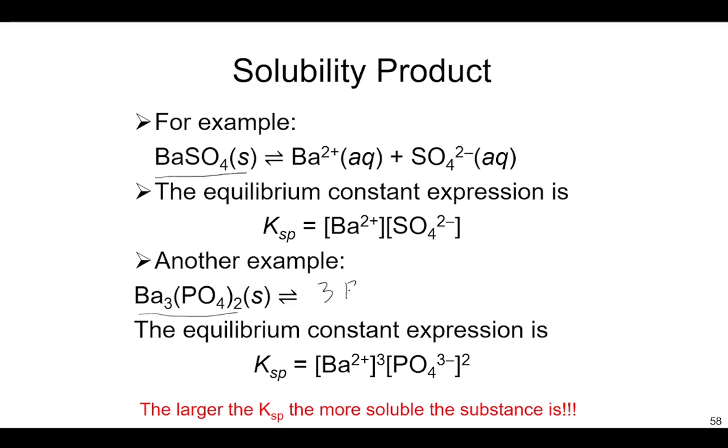Well, it breaks apart into 3 barium 2+ and 2 phosphates. And so now that I have this reaction, I can write products over reactants, and I would get barium 2+ to the 3rd power and phosphate to the 2nd power, shown here. So you will have some exponents according to the coefficients in this balanced solubility reaction.